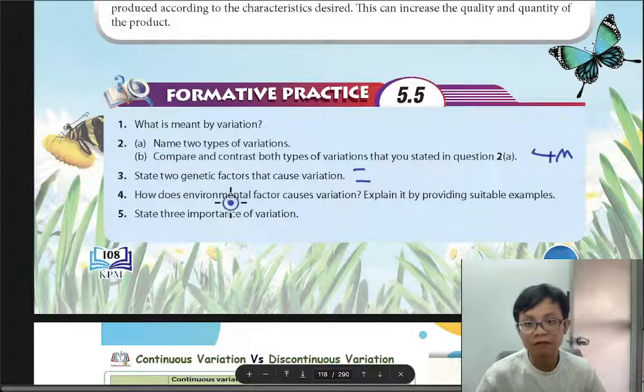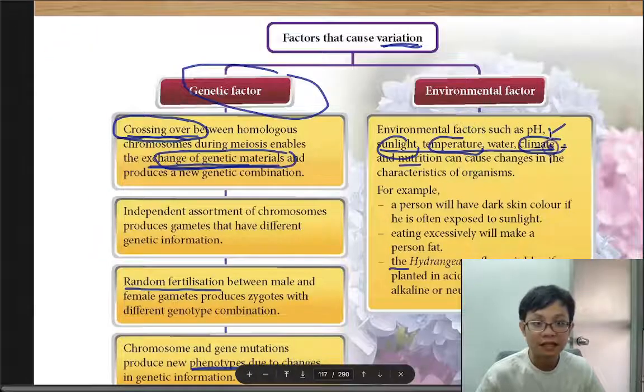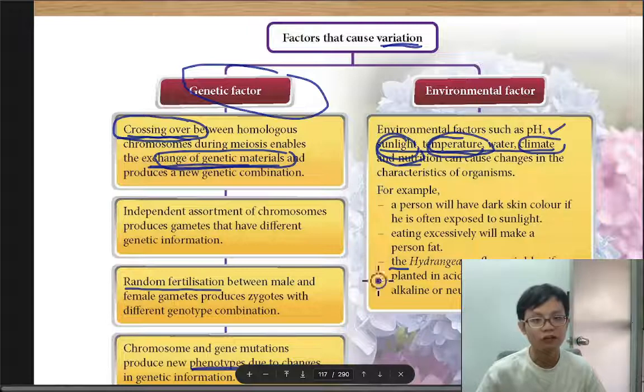How do environmental factors cause variation? Explain it by giving an example. So we can say environmental factors such as, maybe you just choose two, lah, maybe sunlight and temperature. And then the question asks for an example. You don't need to copy everything, okay?